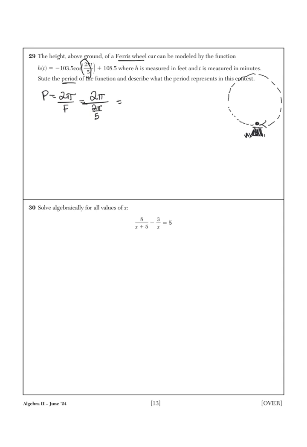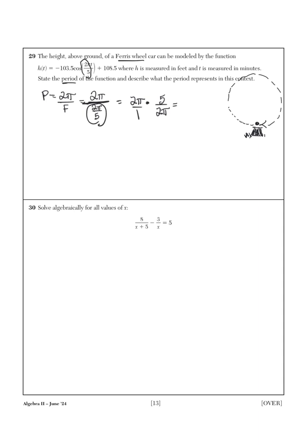Now, I'm going to do keep change flip. So I'm going to keep my numerator, which is 2 pi, change that division to multiplication, and then I'm going to flip that guy. So I'm going to put that 5 over 2 pi over here. And technically, this is over 1.